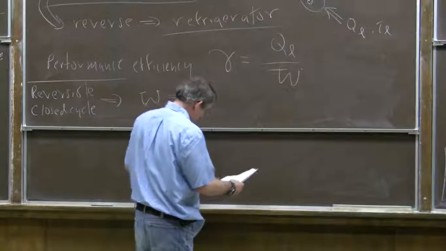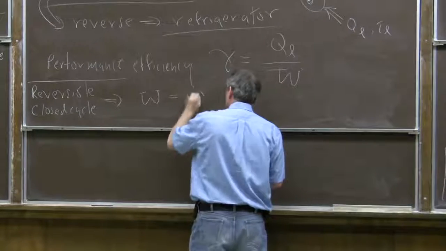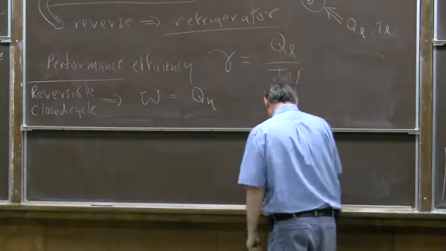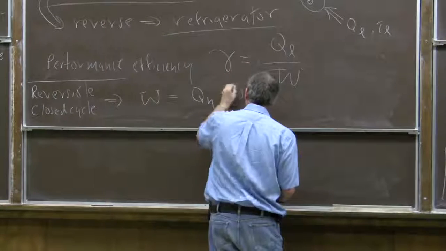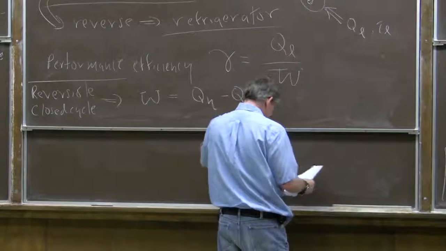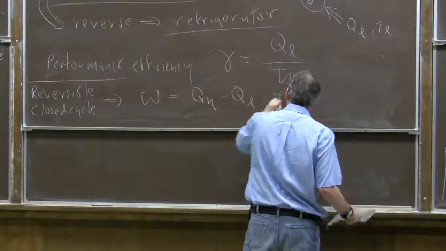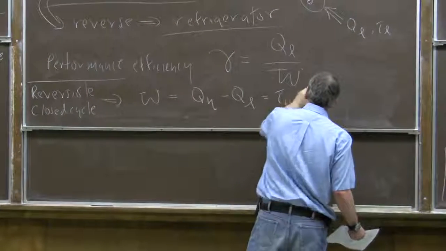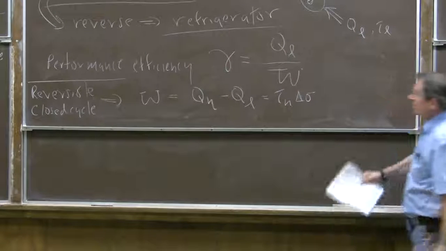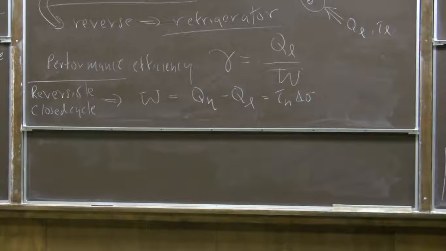The work that the system does is the difference between the heat expelled at high temperature and the heat taken in at a low temperature. So, again, there's going to be some entropy change in each reservoir, and they're going to be equal and opposite because overall the entropy doesn't change. It's a reversible process.